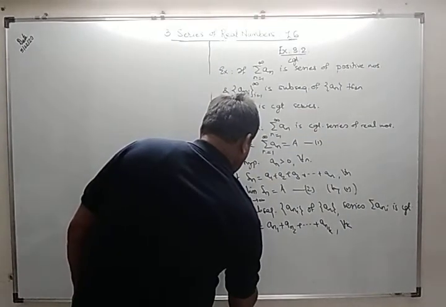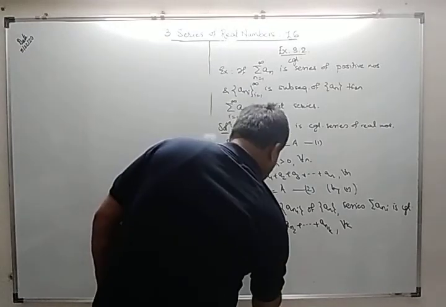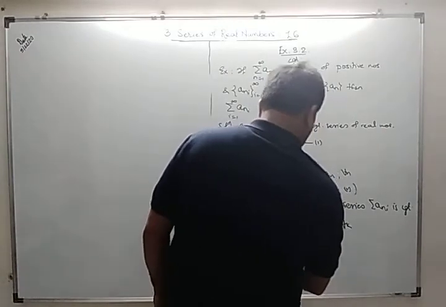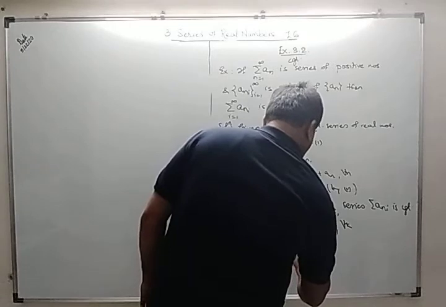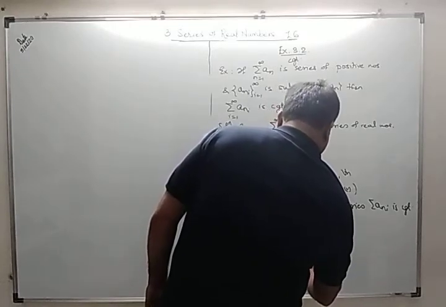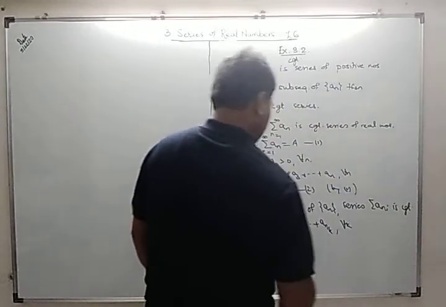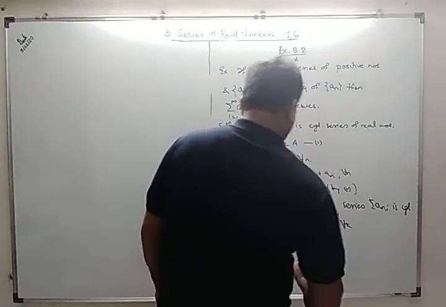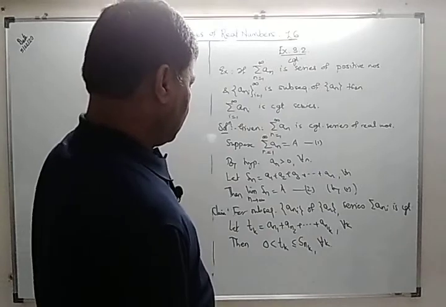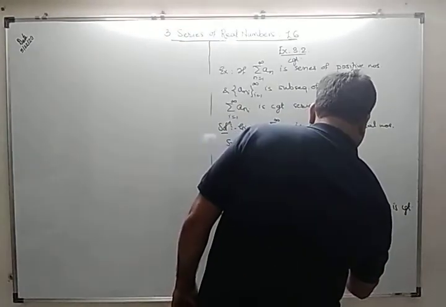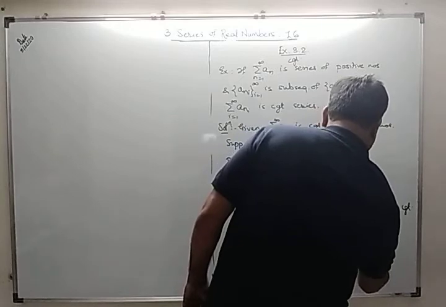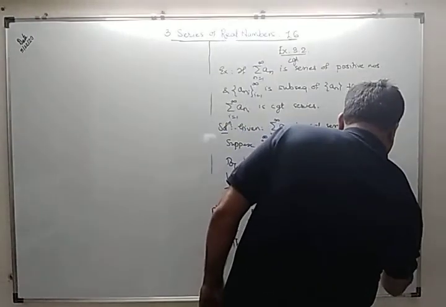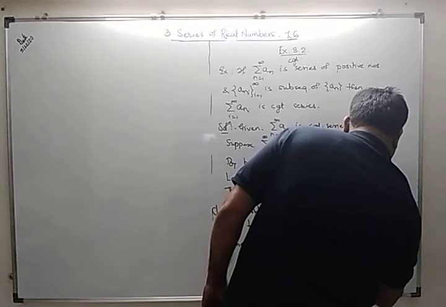Then 0 less than or equal to T_k is less than or equal to S_{nk} for every k, since a_n's are greater than 0 for all n, and n_i is a subsequence of n.